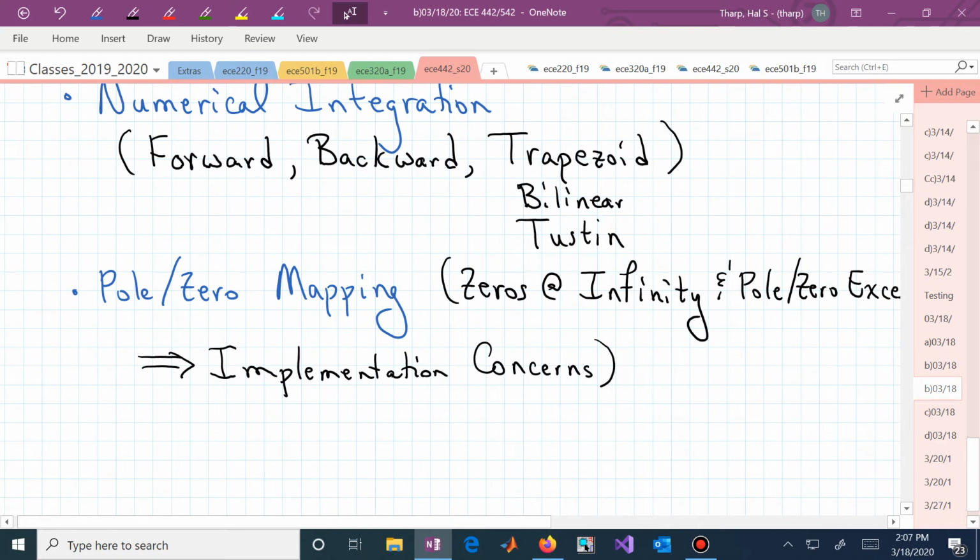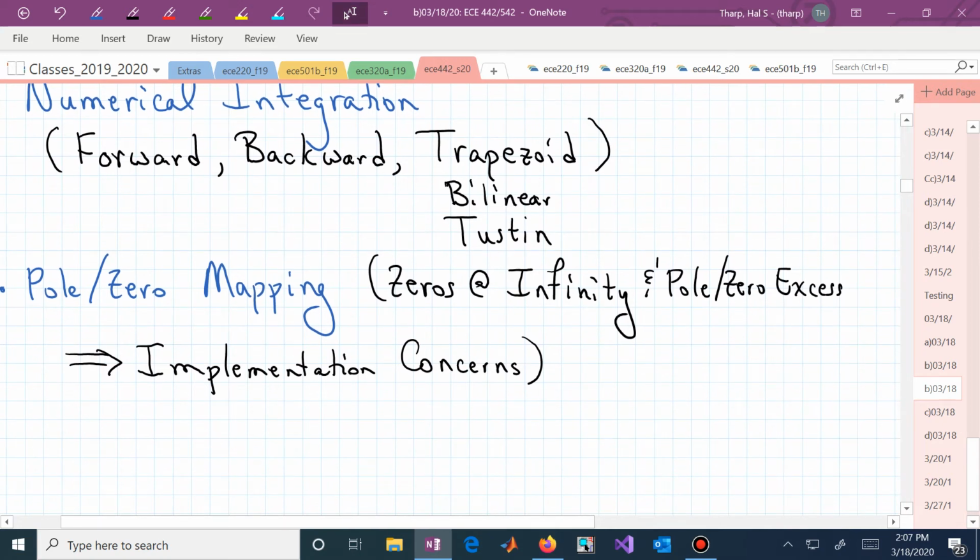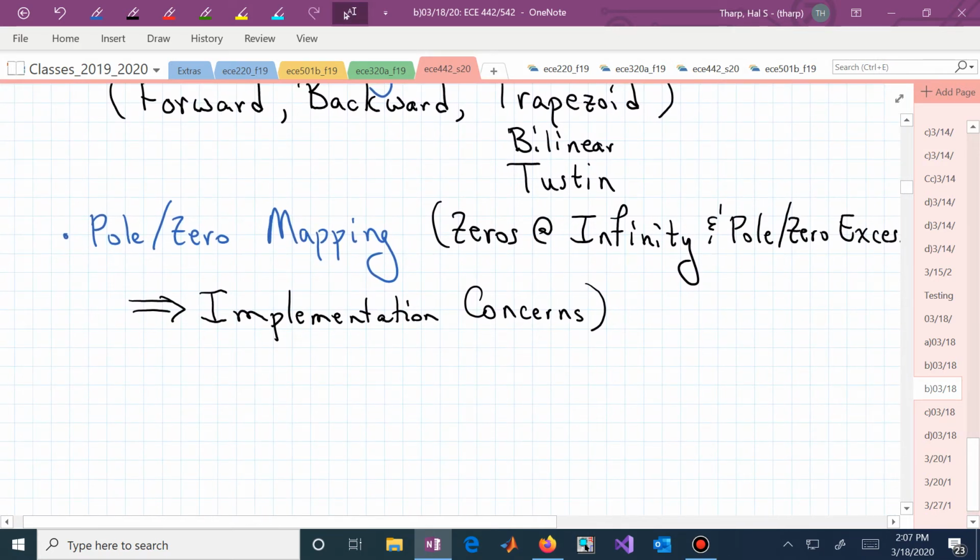And with respect to discrete equivalence, we can also talk about pole zero mapping, and there it's important to understand this concept of zeros at infinity, that's now connected to the pole zero excess, and that has then direct connection with the implementation concerns.